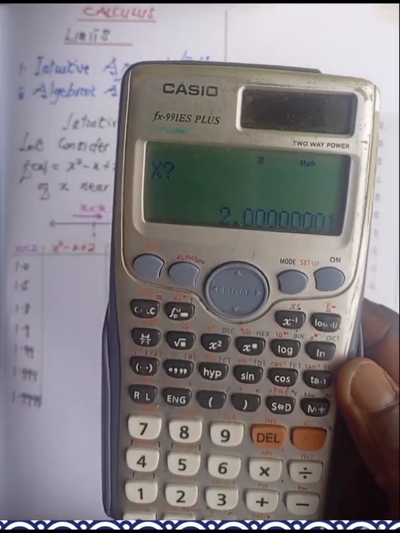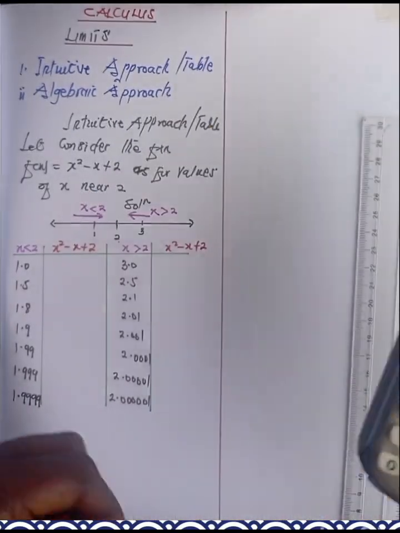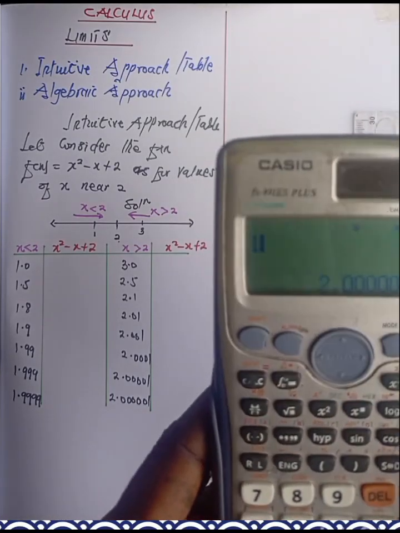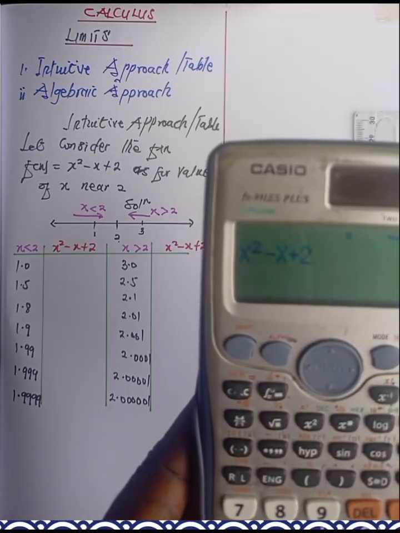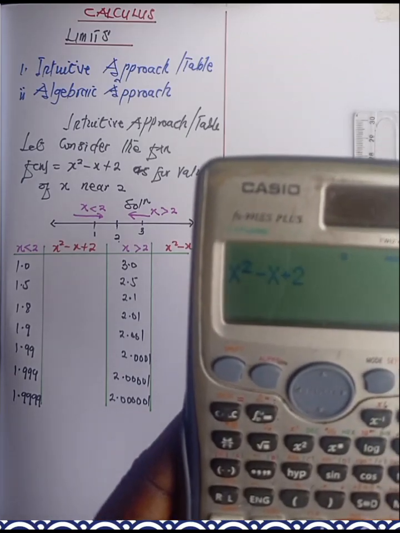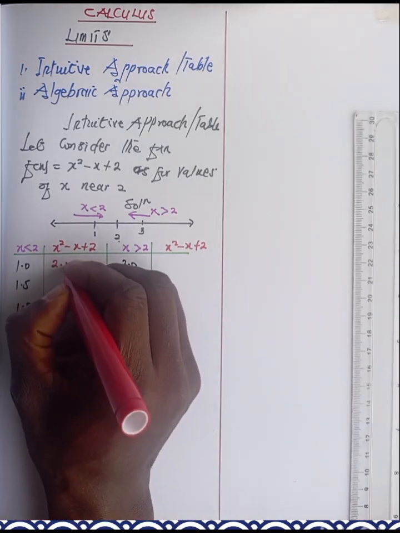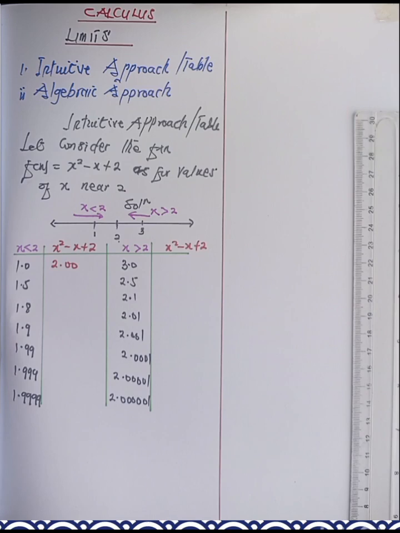The value for x, the first one is 1.0. What are we getting? We are getting 2, so we write it down. At x equal to 1.5, we are having 2.75.